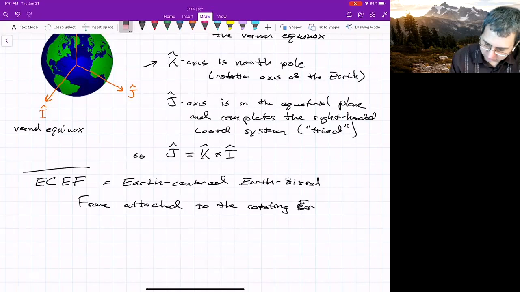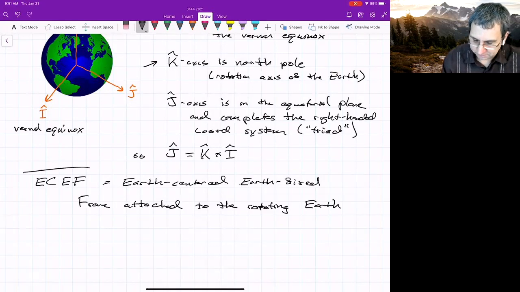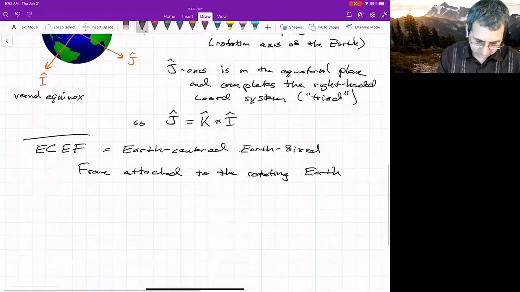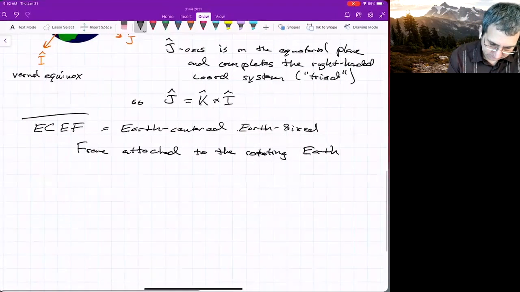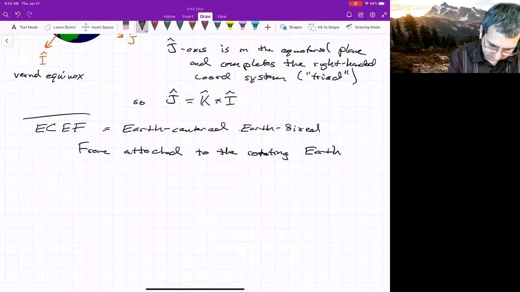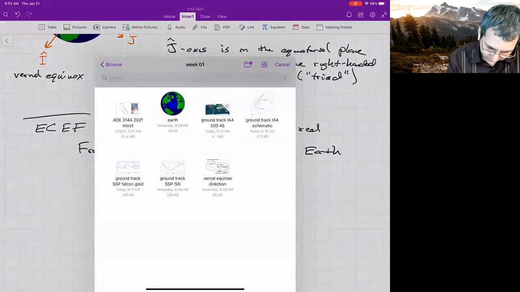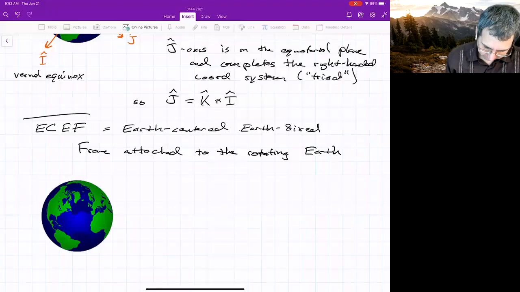Capital, or I don't know if Earth should be, I guess it's capitalized, right? We'll capitalize it. And if I insert, I could figure out how to do that. It's my handy dandy Earth.